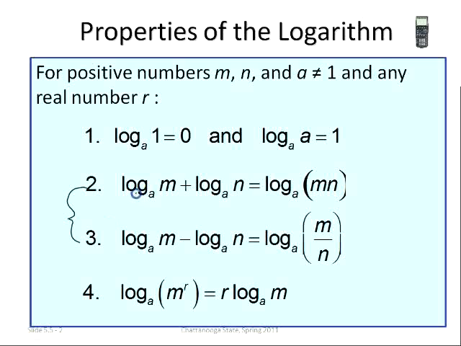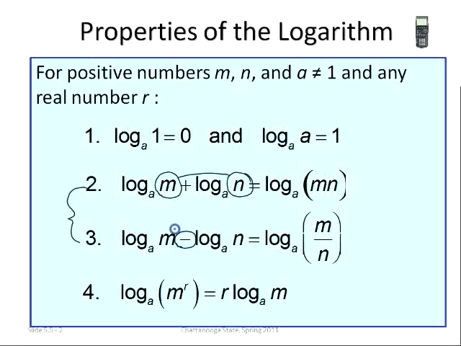If you take the log of something and add the log of something else to it, so we're looking at the sum of two logarithms that have the same base, we can combine that into a single logarithm where we just write it as the log of the product of these two things, the m times the n.